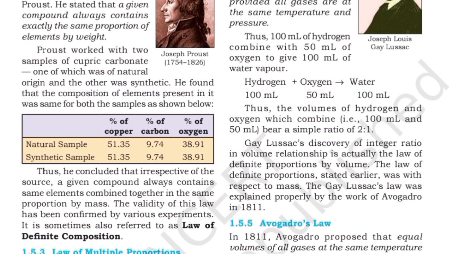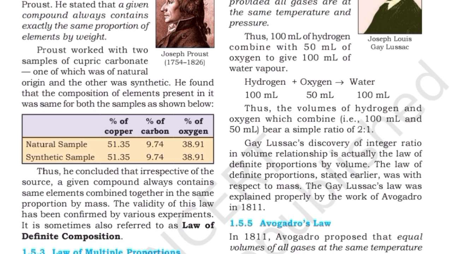Thus, the volumes of hydrogen and oxygen which combine, that is 100 ml and 50 ml, bear a simple ratio of 2:1. Gay-Lussac's discovery of integer ratios in volume relationships is actually the law of definite proportions by volume. The law of definite proportions stated earlier was with respect to mass.